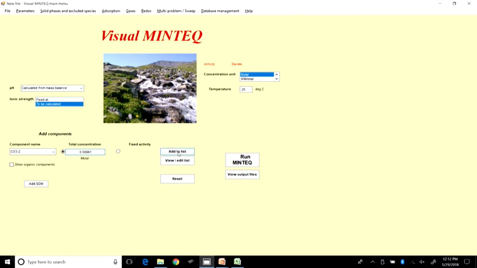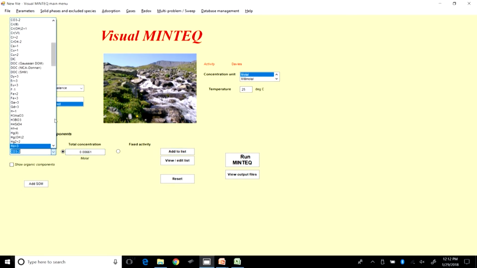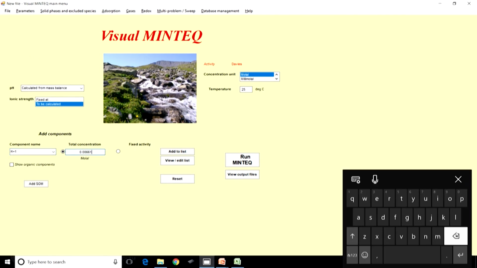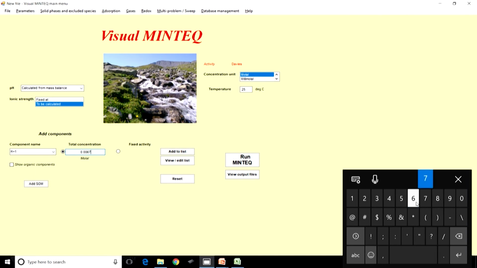I am going to add that to the list, and then H total, the accurate value should be 6.76 into 10 power minus 3. Yes, that is right. I am going to add that to the list.